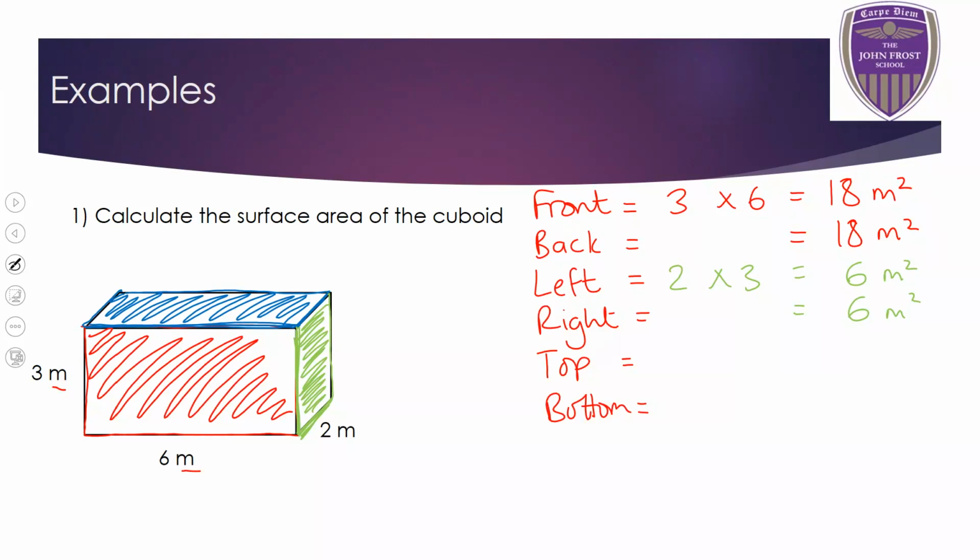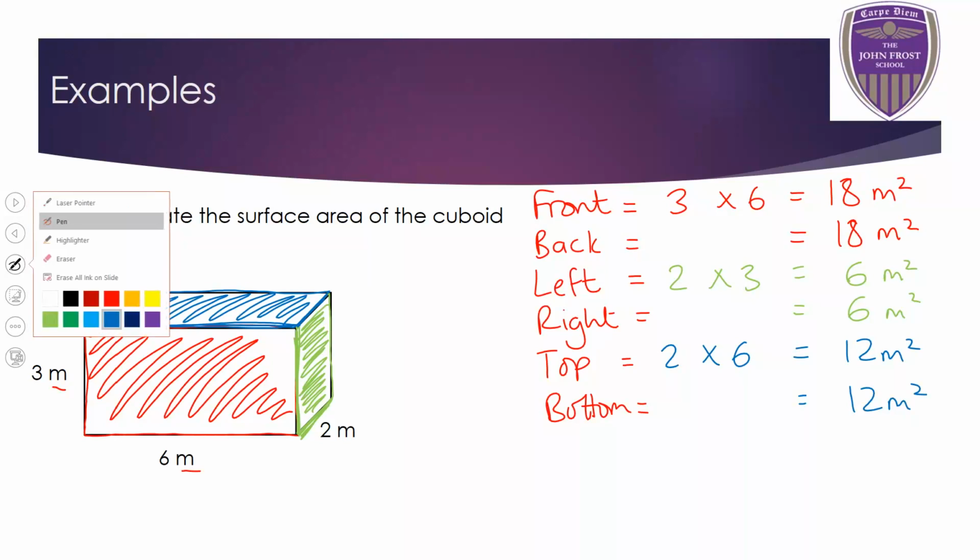All right, so 2 times 6. We all know that's 12 meters squared. The other one is 12 for the bottom as well. Okay, so really easy. We can all multiply. We know that it's length times width. So we've done the 3 faces that we can see now, and we've written down that the 3 faces we can't see are the same size as well. So we want the total surface area, okay?